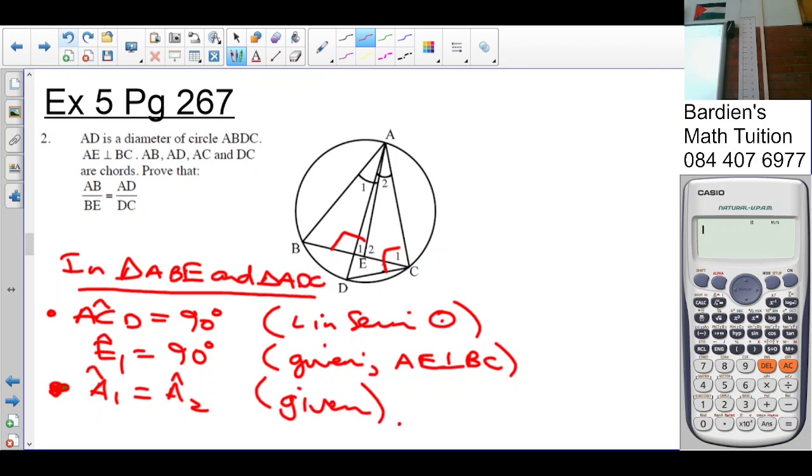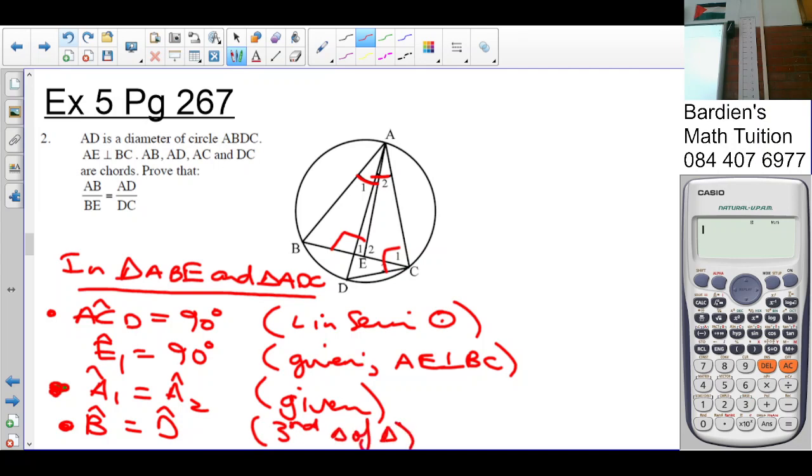Okay? So in conclusion, what can we say? What is the last angle that we need to work with here? Angle B, of course, has to be equal to angle D. Why? It's the third angle of triangle.